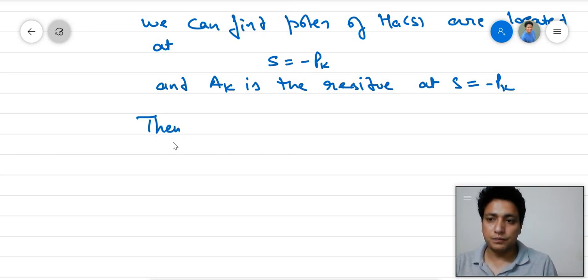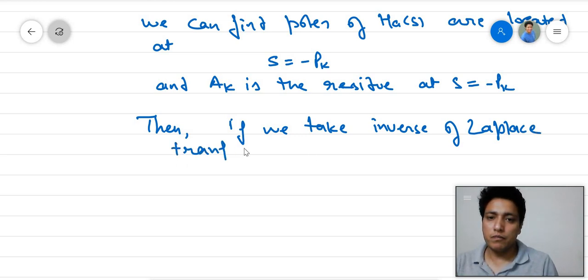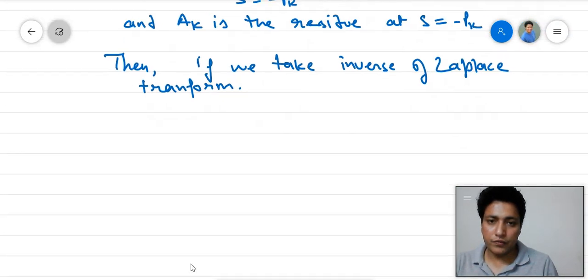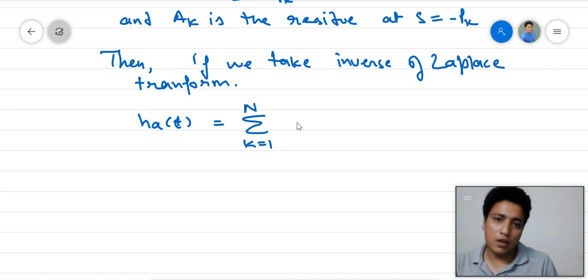Then if we take the inverse Laplace transform, we will get h_a(t) equals summation k equals 1 to N A_k exponential minus p_k t.